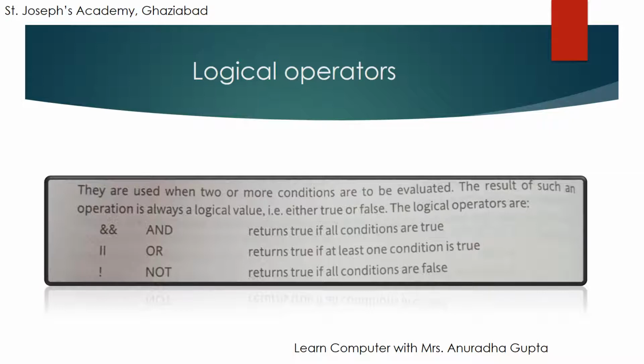Move to the last, logical NOT. It always gives the opposite result. If the condition is true, it returns false. If the condition is false, it returns true. It always gives the opposite result.